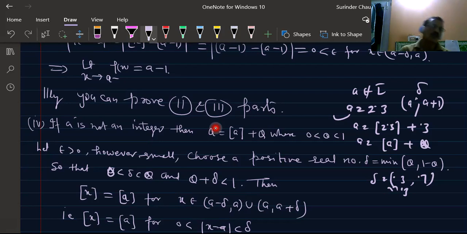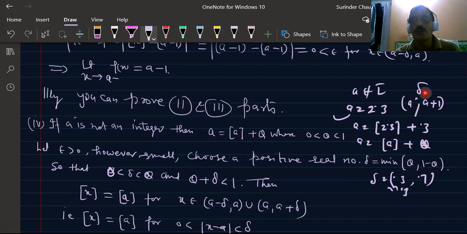We can discuss the greatest integer function only in the open intervals from 1 to 2, 2 to 3, 3 to 4, and so on, because its values vary.